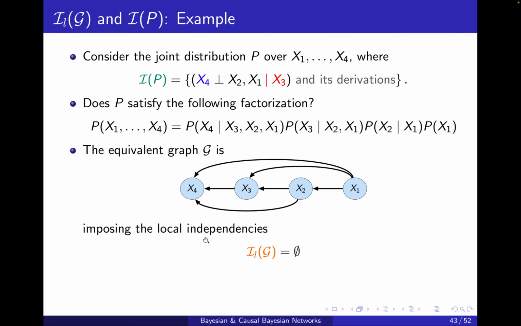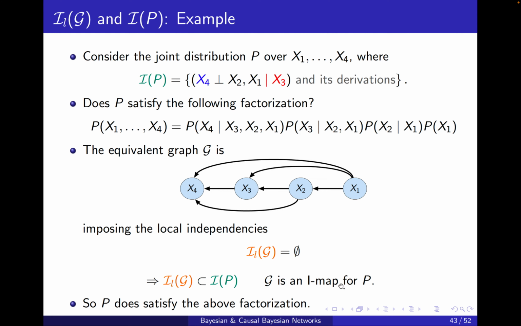And if you write down the local independencies, it will be empty, because for every variable, if you condition it on the parent or the parents, then the remaining ones will be the descendants. So there's nothing to be independent from. And of course, in this case, ILG is a subset of IP. Still, it is an I-map for P, so P does satisfy the above factorization.